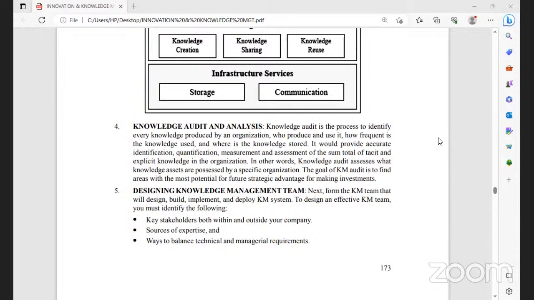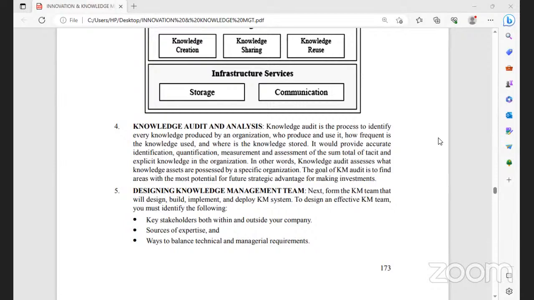Like that, here also, knowledge audit is the process to identify every knowledge produced by an organization, who produces and uses it, how frequently the knowledge is used, and where the knowledge is stored. It would provide accurate identification, quantification, measurement, and assessment of the sum total of tacit and explicit knowledge in the organization.